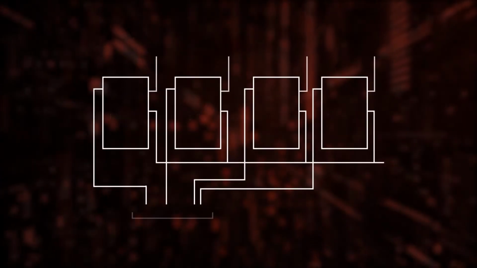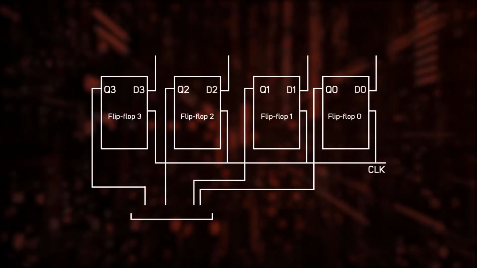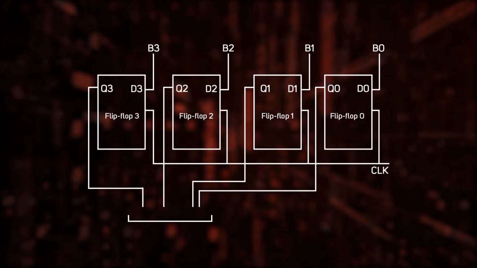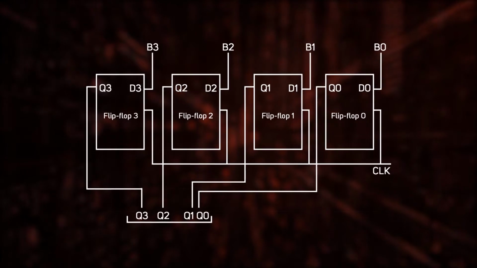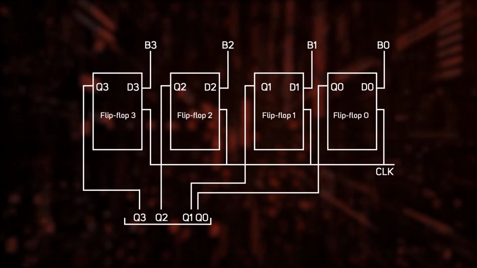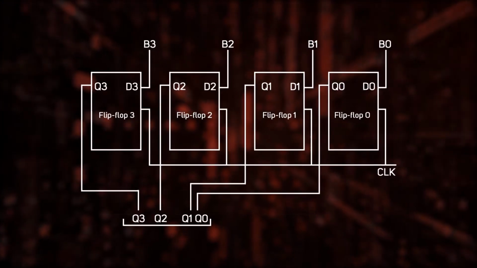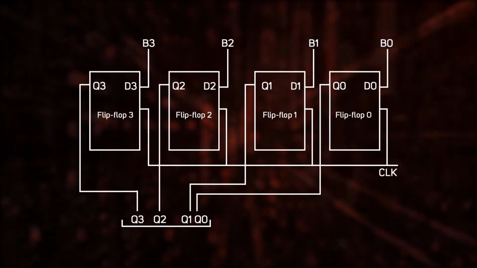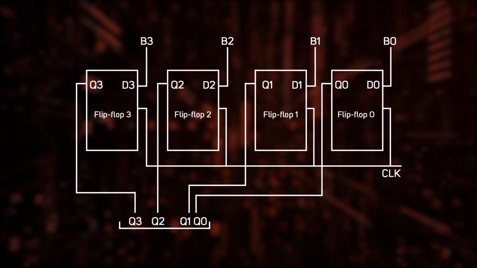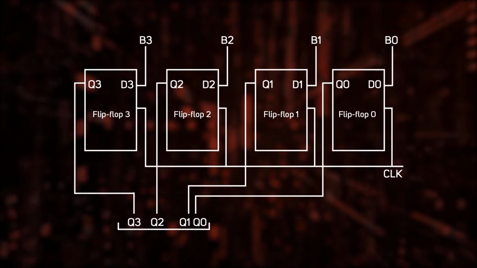Let us come back to the diagram. The circuit has 4 inputs B0 to B3. The circuit has 4 outputs too, Q0 to Q3. You can see that each flip-flop has an output. This circuit uses D flip-flops. According to the characteristic table of the D flip-flop, when you give an input, the same value will be obtained as the output.